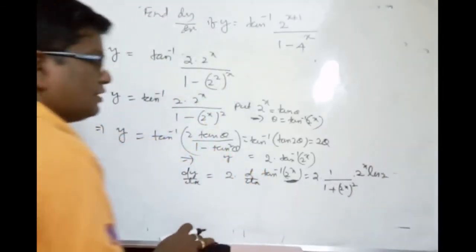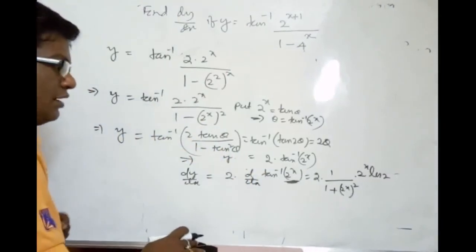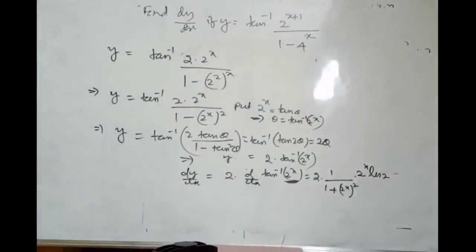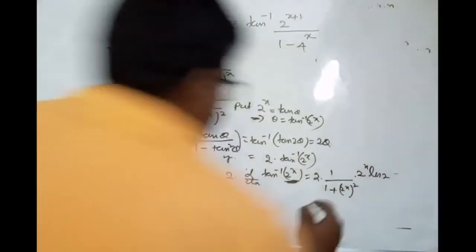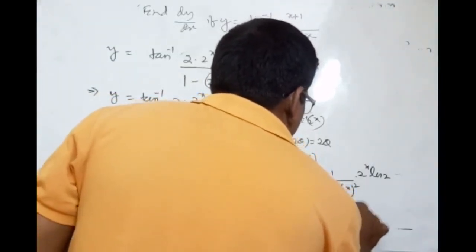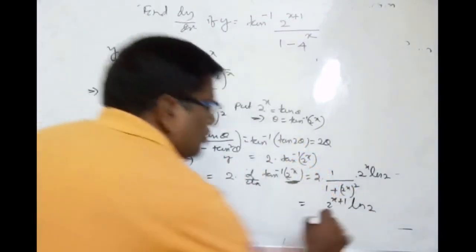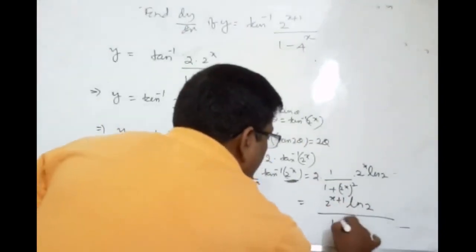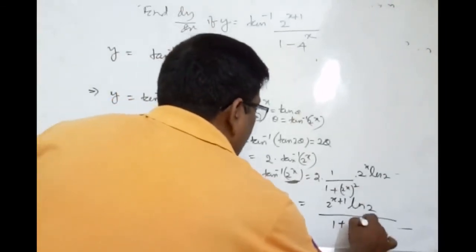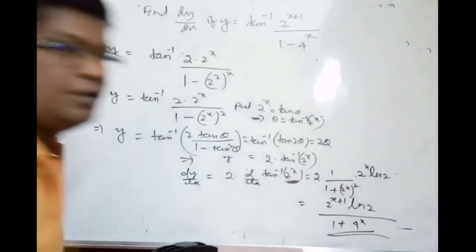So the final answer is 2 into 2 to the x plus 1 log 2 divided by 1 plus 2 to the power x, that is 4 to the power x. This is the final answer.